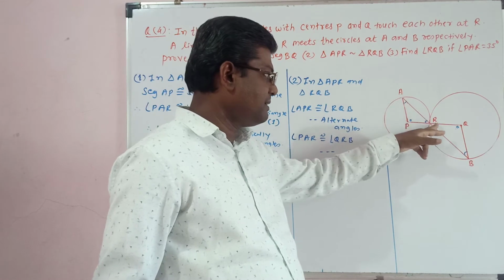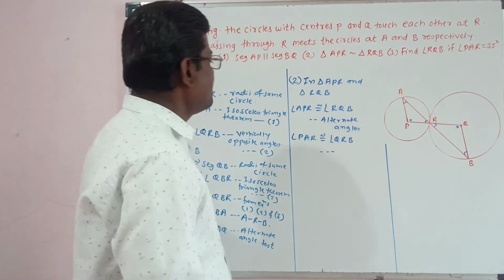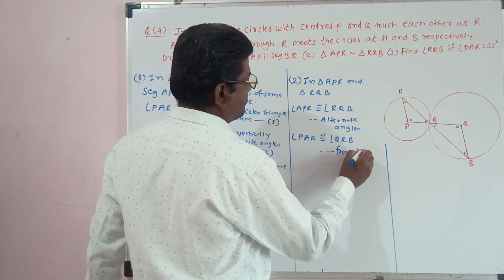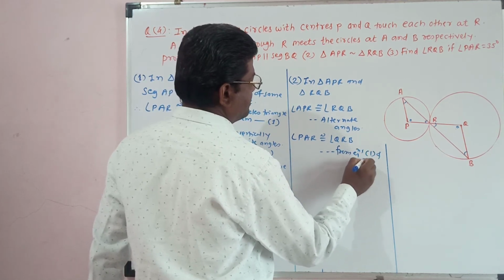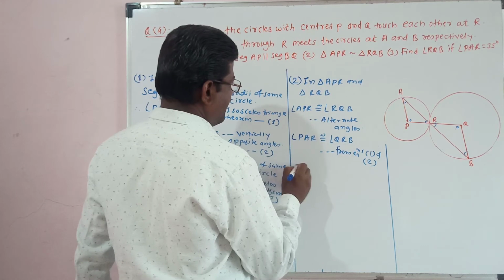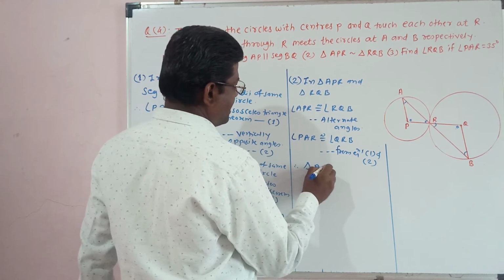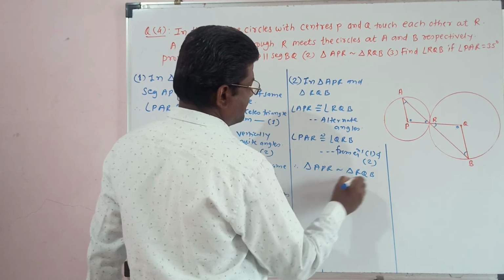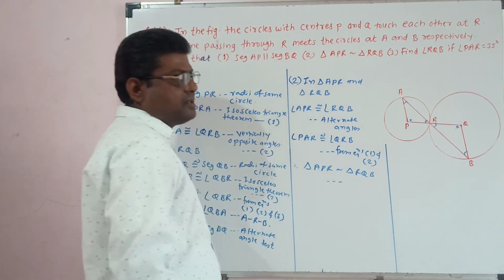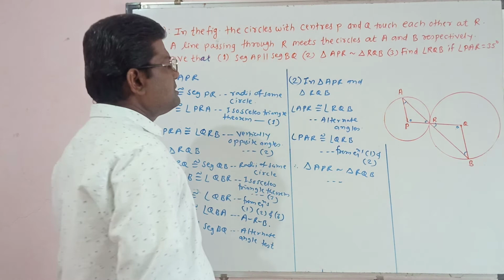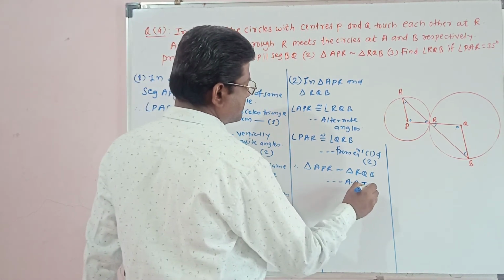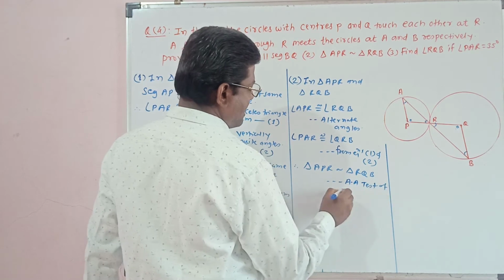Therefore, this angle and this angle are congruent, from equations 1 and 2. Therefore, triangle APR is similar to triangle RQB. Two angles are congruent. Then what is the test? A test of similarity.